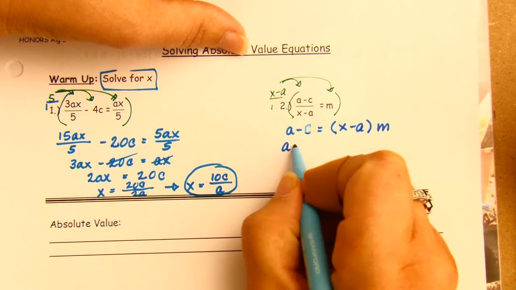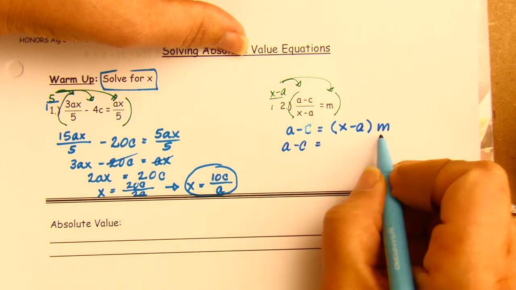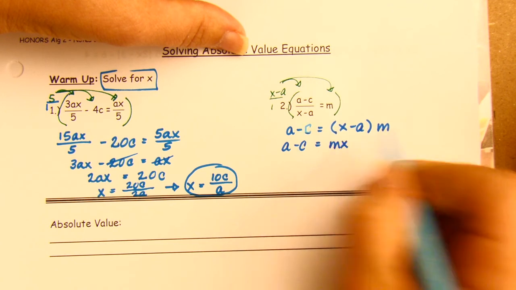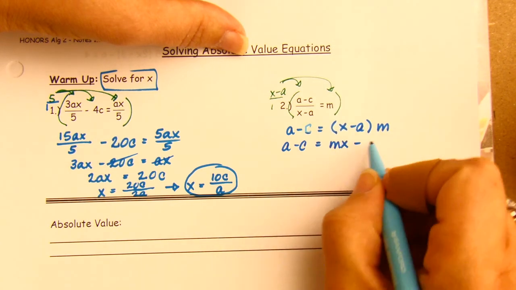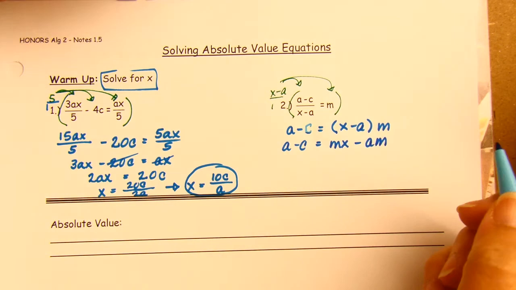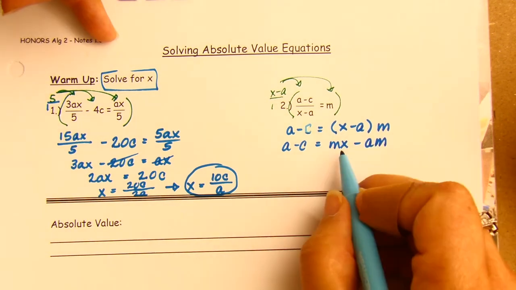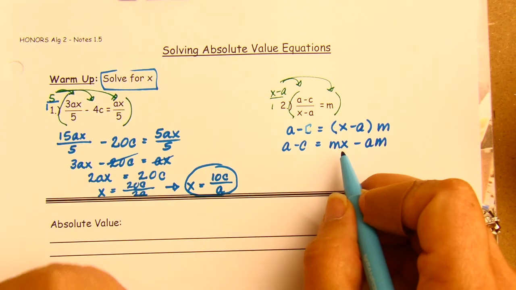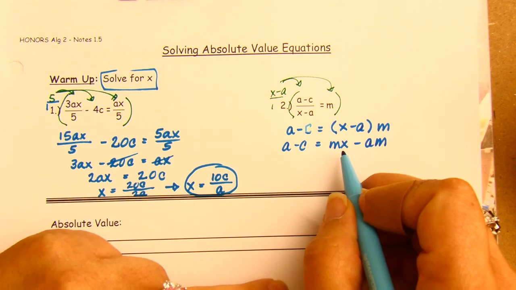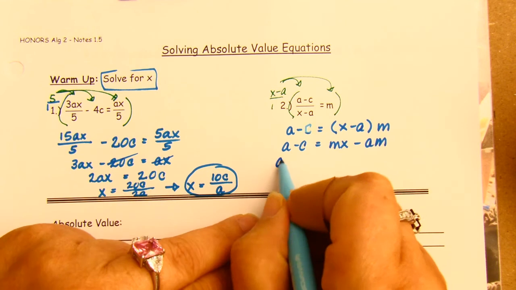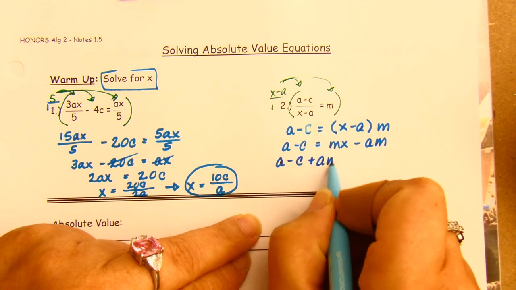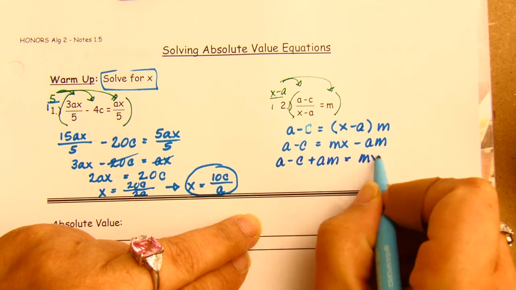On the left side, it's a minus c equals xm, or mx, and then am is subtraction, and I was told to solve for x. X is here. So what am I going to do? I'm going to take the am over here. So I get a subtract c, add am equals mx.